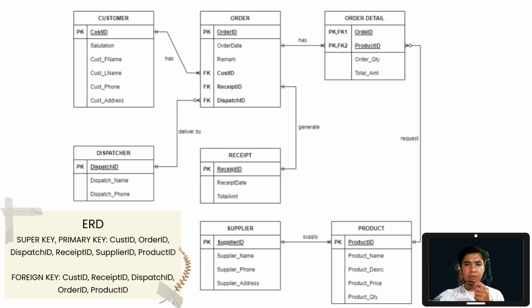For the receipt table, the primary key is receipt ID, and the others are receipt date and the total amount. For dispatcher table, the primary key is dispatch ID, dispatch name, and dispatch phone. So we have linked all of the tables like the picture below.